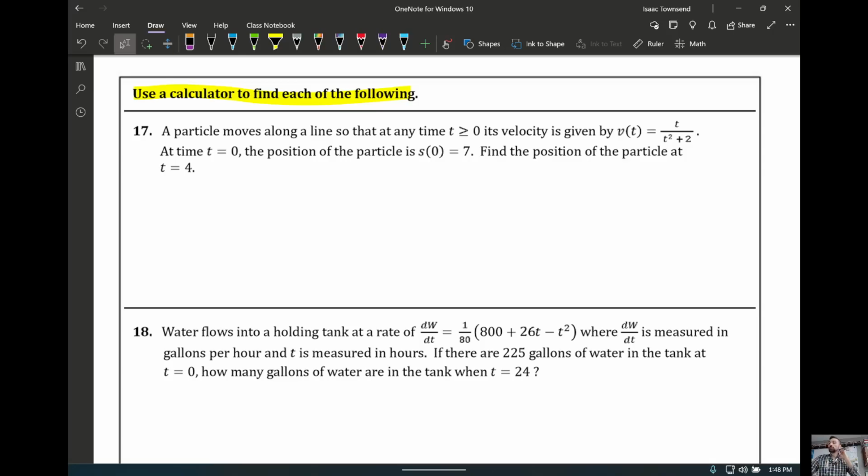Okay, so a particle moves along the line so that at any given time t, where t is greater than or equal to 0, this would be its velocity. At time t equals 0, the position is 7. Find the position of the particle at t equals 4. Okay, so I know it is starting off at position 7. How am I supposed to know how its position changes from t equals 0 to t equals 4?